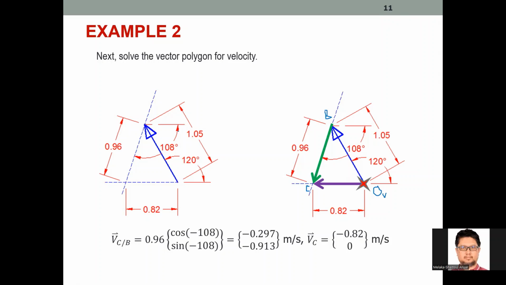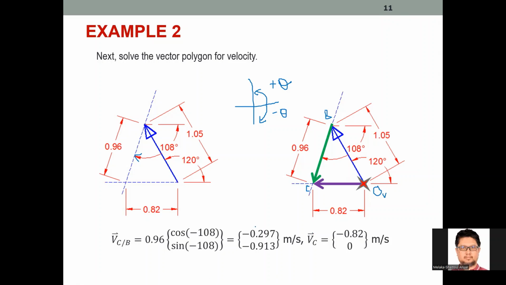Because this angle should be pointing in the clockwise direction, hence it is negative, as opposed to something that is counterclockwise, which is positive. So we always say this one is a positive angle, whereas this one is a negative angle.